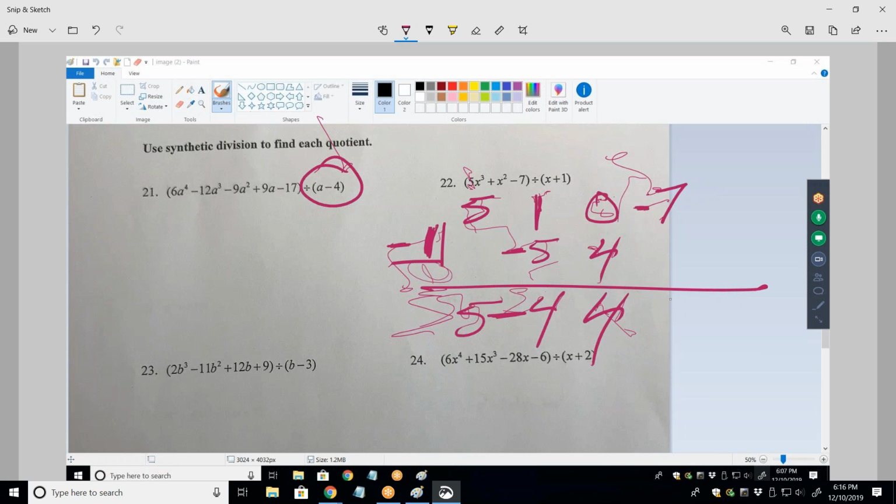Minus 1 times 4 is -4. Now add. What's minus 7 plus a minus 4? It's negative 11, because we're at, okay.